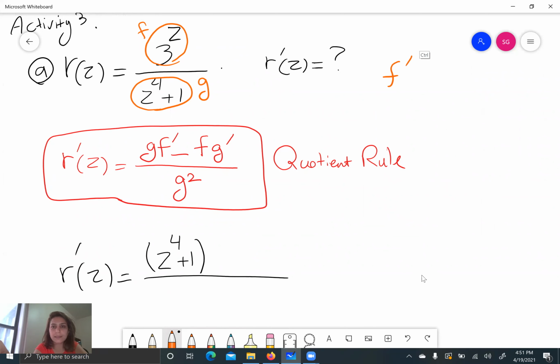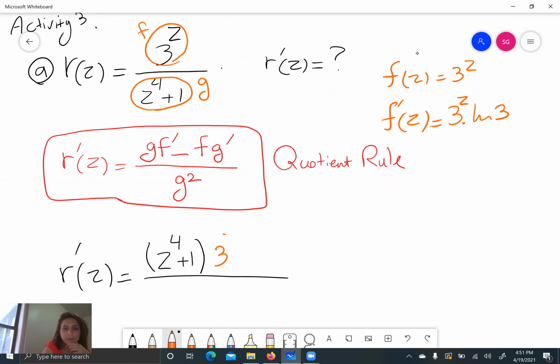F is 3 to the Z, so F prime is 3 to the Z times natural log of 3. Minus F, which is 3 to the Z, times G prime.